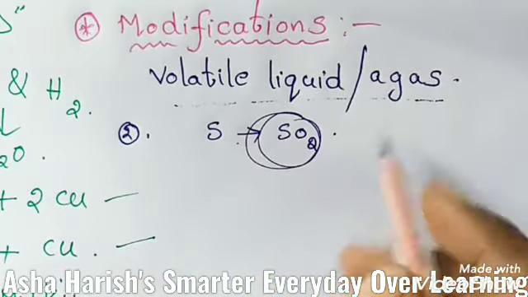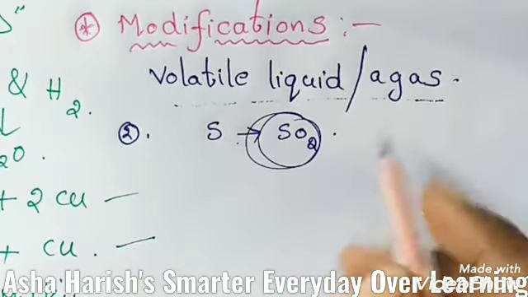Sulfite means CaSO3. And now let's see the equation for this. For CuO, copper oxide, if you add sulfur, then by heating, students, you should get copper(I) oxide and sulfur dioxide also.